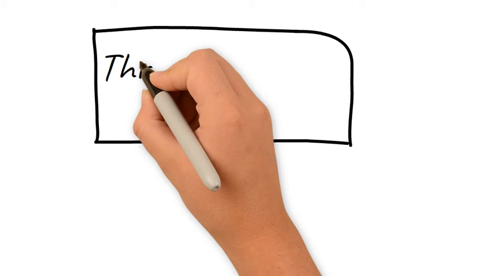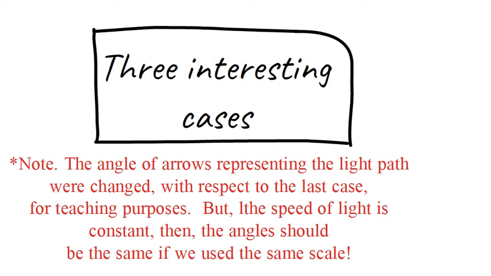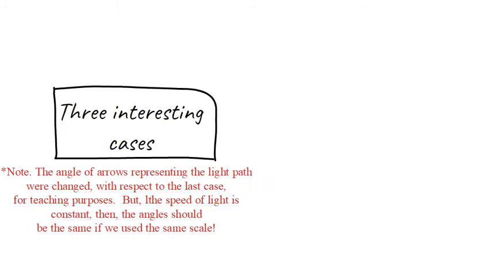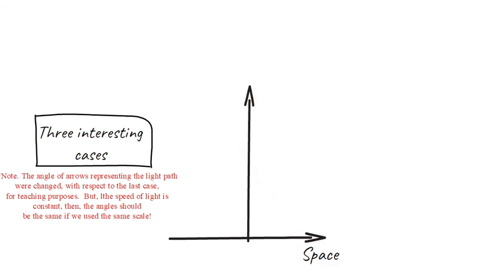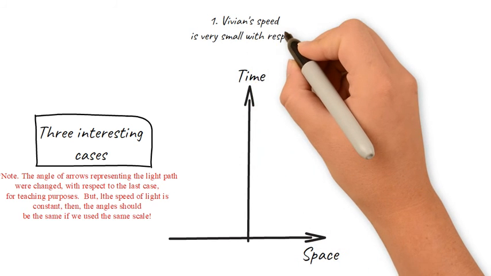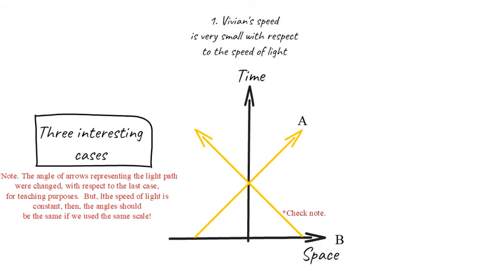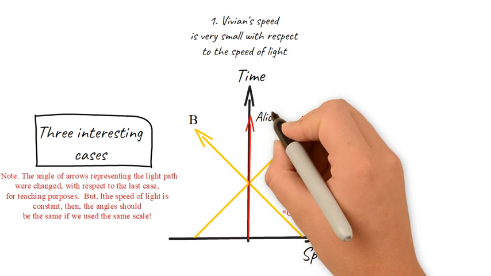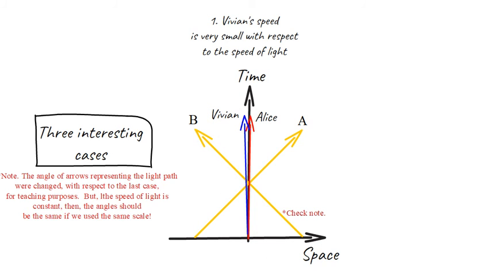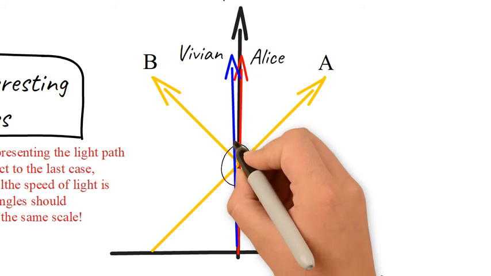We can study three interesting cases using the spacetime diagrams. First, when the speed of Vivian is much smaller than c, as in most cases of our everyday life. Her displacement, with respect to any displacement of the flashes of light, should be negligible. Then, she should experience the same as Alice.